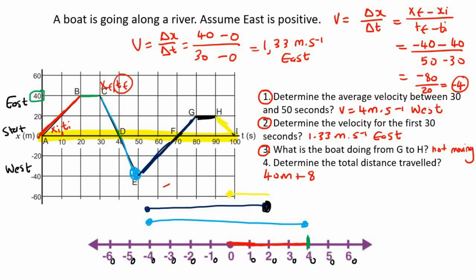Plus this part, from negative 40 up to positive 20, is 60 meters. And then from 20 to 0, that's 20 meters again. If we add this all together, that gives us 200 meters.